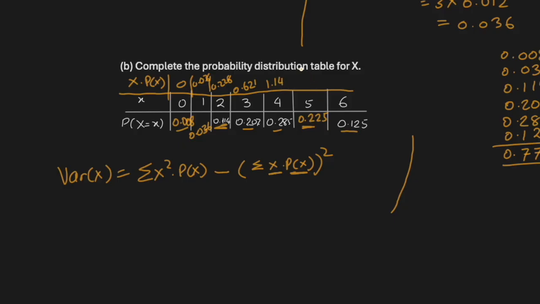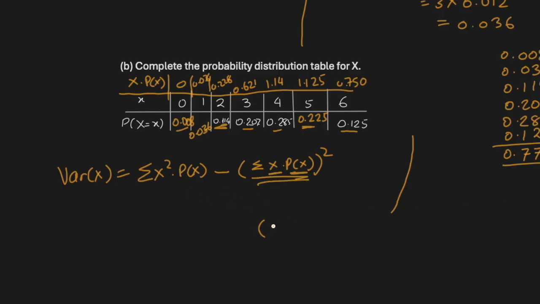Now 5 times 0.225 is 1.125, and this has to be 6 times 0.125, which is 0.750.